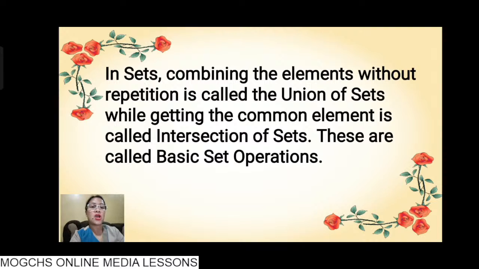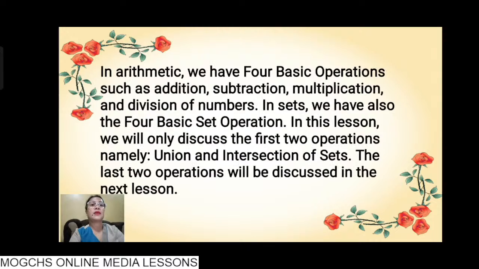In sets, combining the elements without repetition is called the union of sets, while getting the common elements is called intersection of sets. These are called the basic set operations. In arithmetic, we have 4 basic operations such as addition, subtraction, multiplication, and division of numbers.